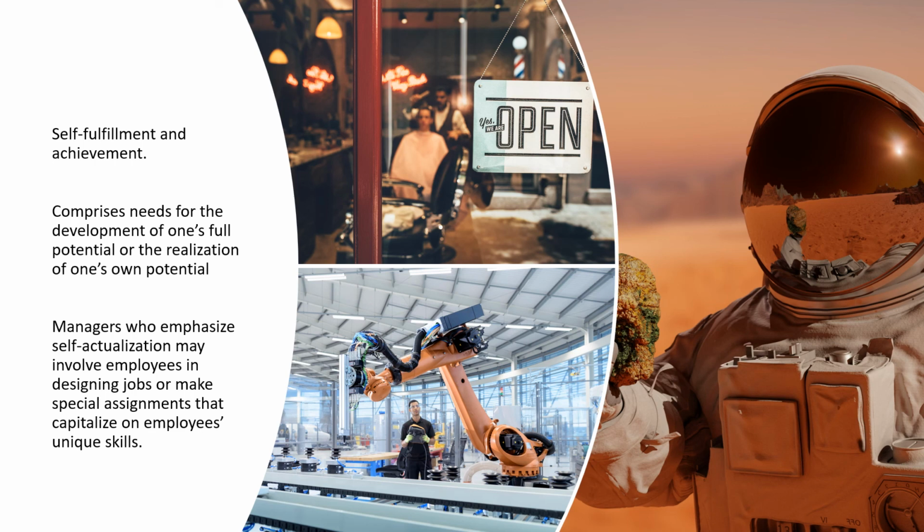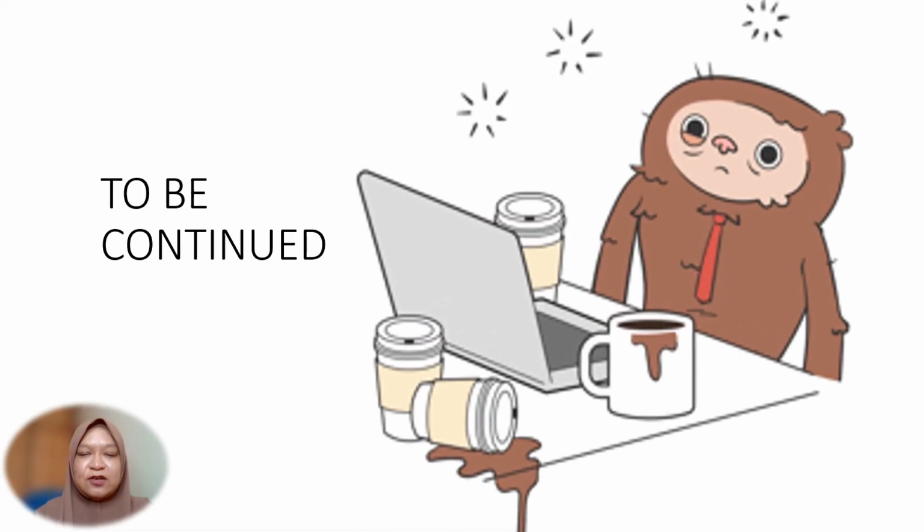Or sometimes the employee might want to start their own business, open a salon or cafe of their own. So in Maslow's hierarchy of needs theory, people will move their motivation based on the needs that they have to fulfill, from the lower level first up to the highest level.